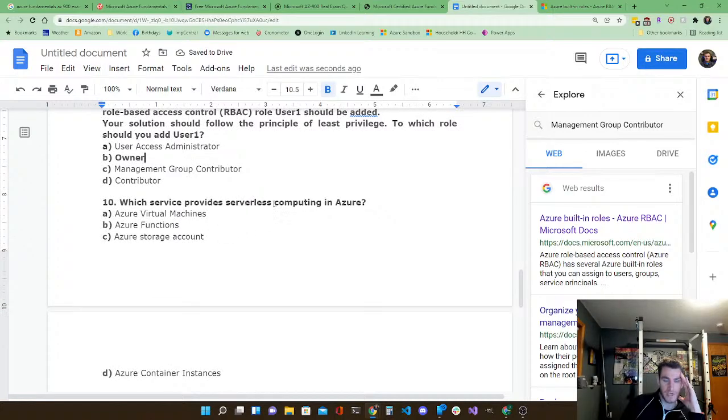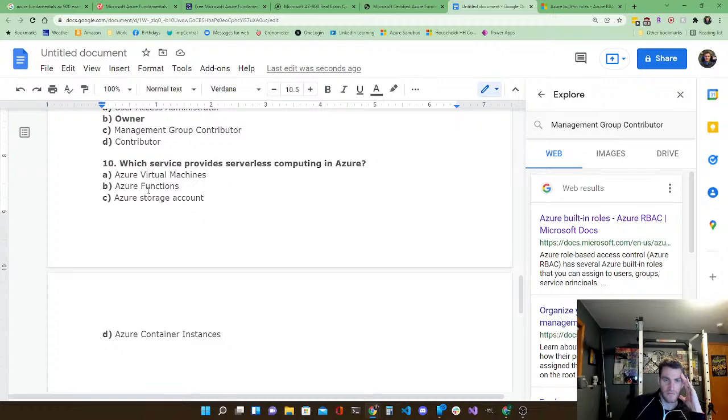Which service provides serverless computing in Azure? Virtual machines is not serverless, very much not. Functions would be, and that's probably the right answer. Storage accounts. I don't really think of that as serverless, but you don't really set up the server on it, I don't think. It's just storage, it's not computing.